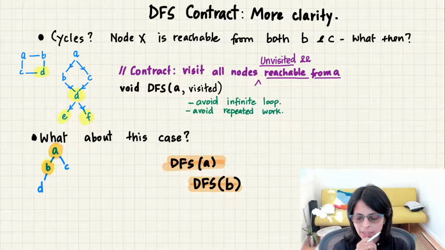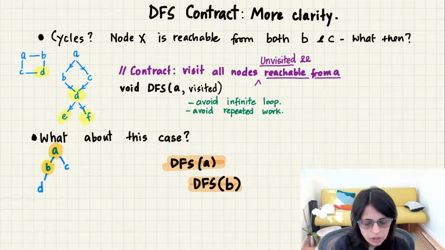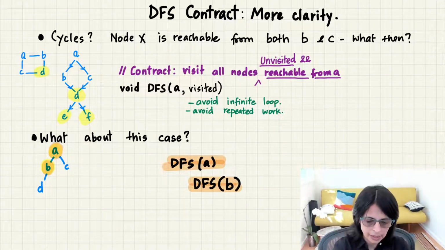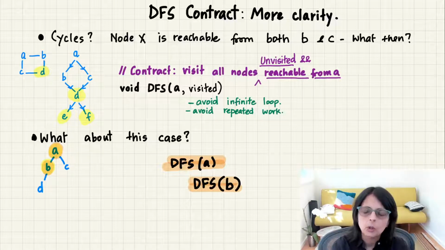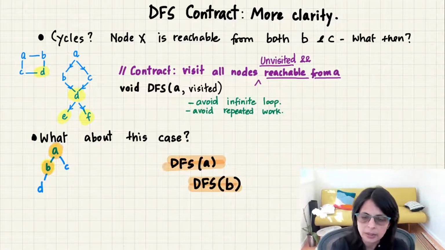So how can we change that? We can come up with a new definition. Just to step back a bit, why would B not visit C? Because the only way B can visit C here is via A, which is already visited. So let's make a quick definition called unvisited reachable.